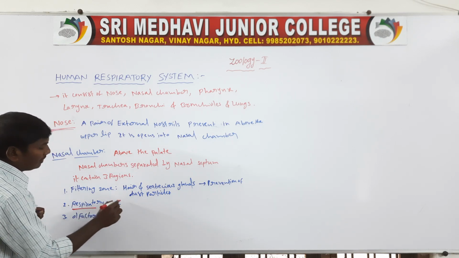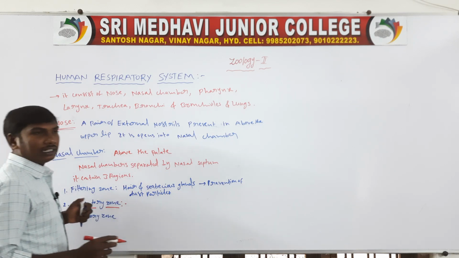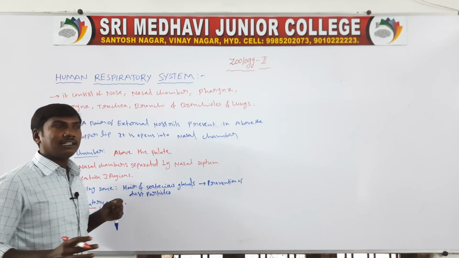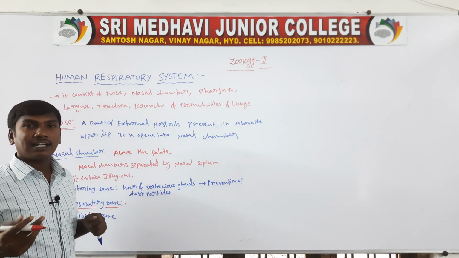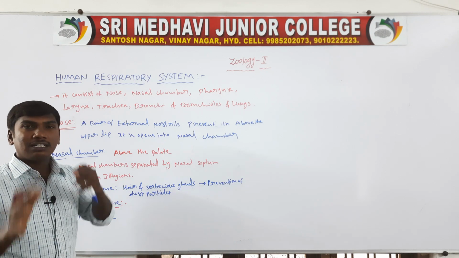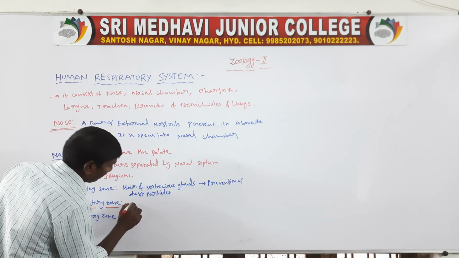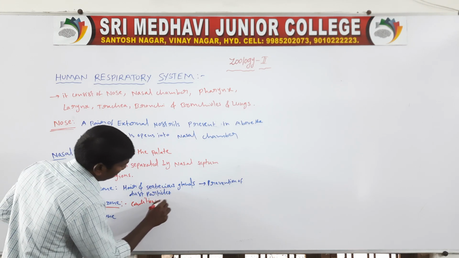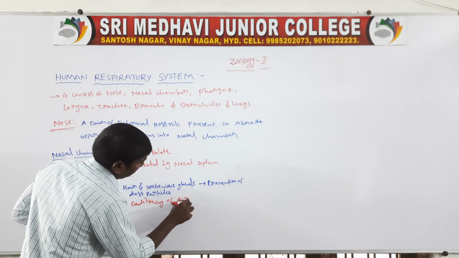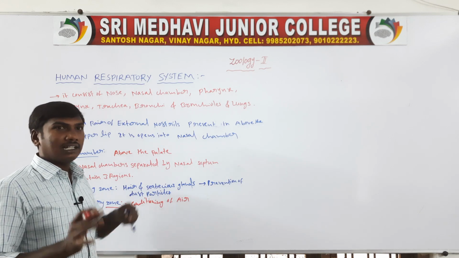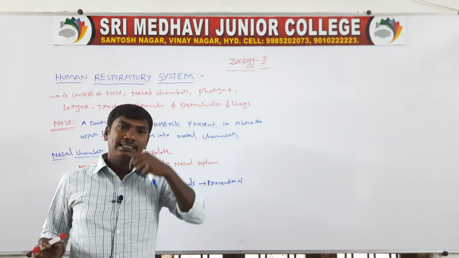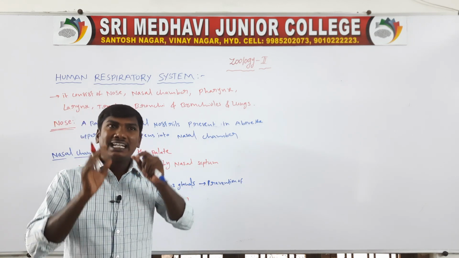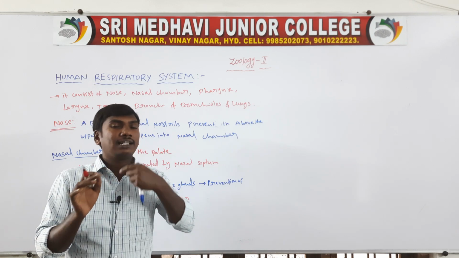Next, the respiratory part. The respiratory part is responsible for the conditioning of the air. Conditioning of the air means warming the air, so that air of a certain temperature only enters the body.